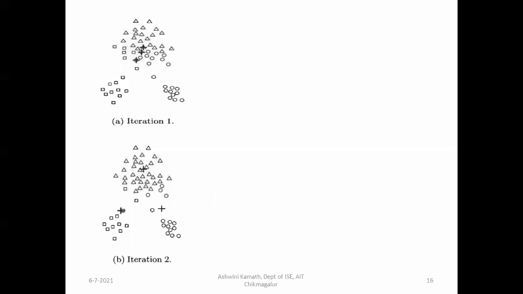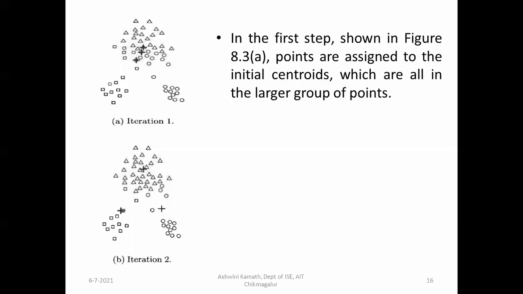Consider this diagram, figures 8.3a and 8.3b. In the first step shown in figure 8.3a, points are assigned to the initial centroids, which are all in the larger group of points. Here we have 3 groups of points: triangular, square shaped, and circular data points, and all 3 centroids are located where we have the larger group of points.